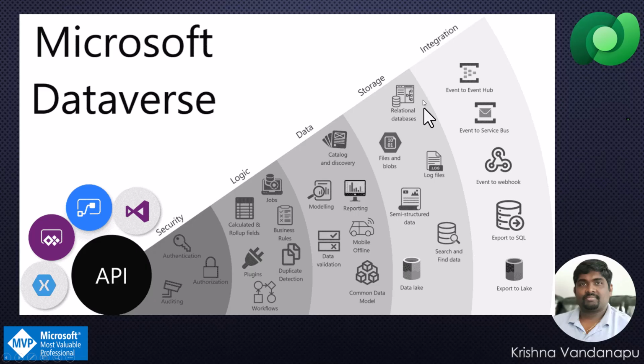And the next one is storage. How does Dataverse store this data in the backend tables? Dataverse stores the data in tables, and it can also store files and attachments in the system.